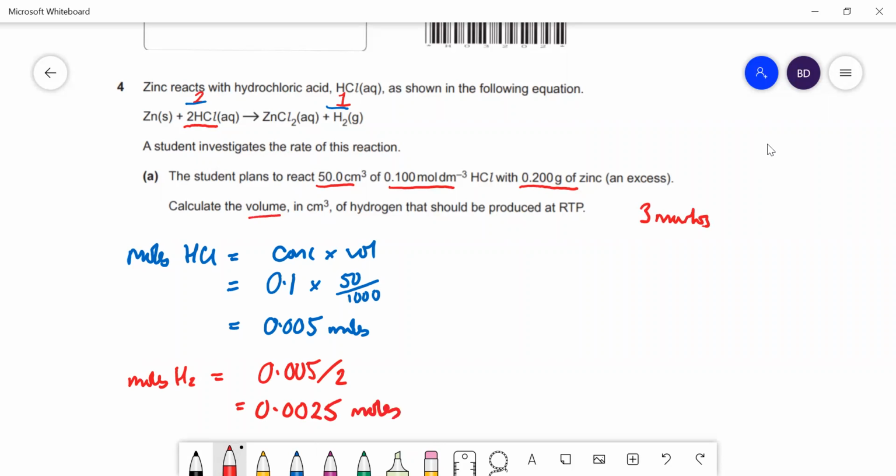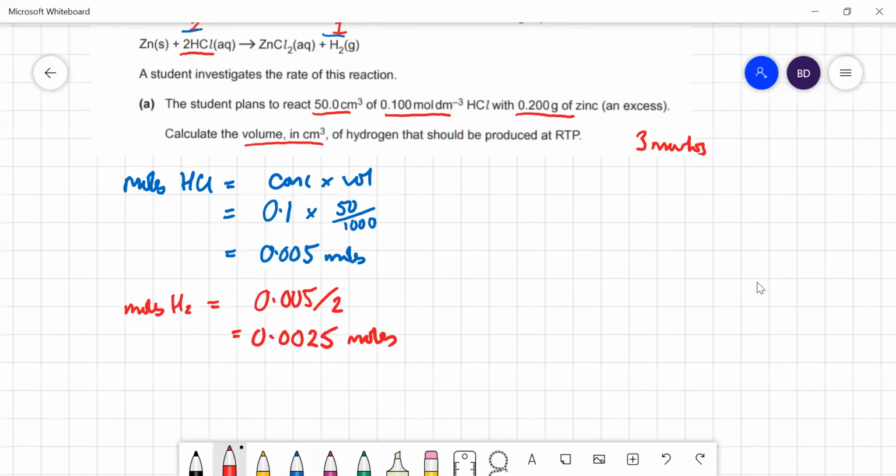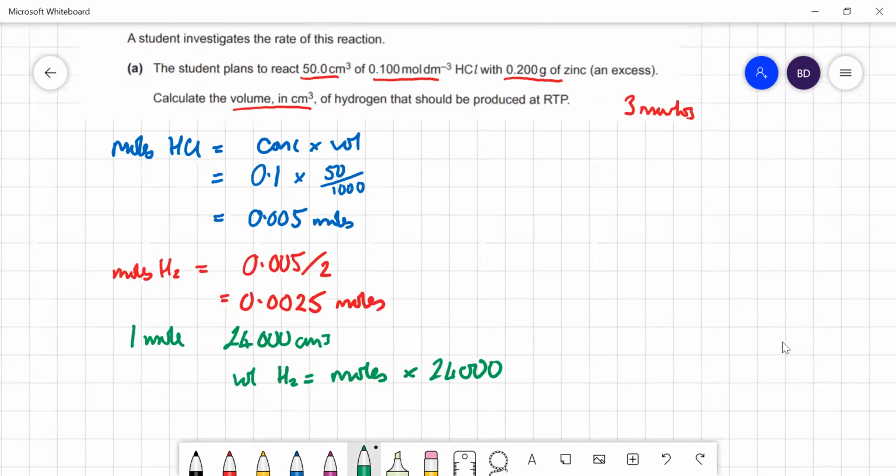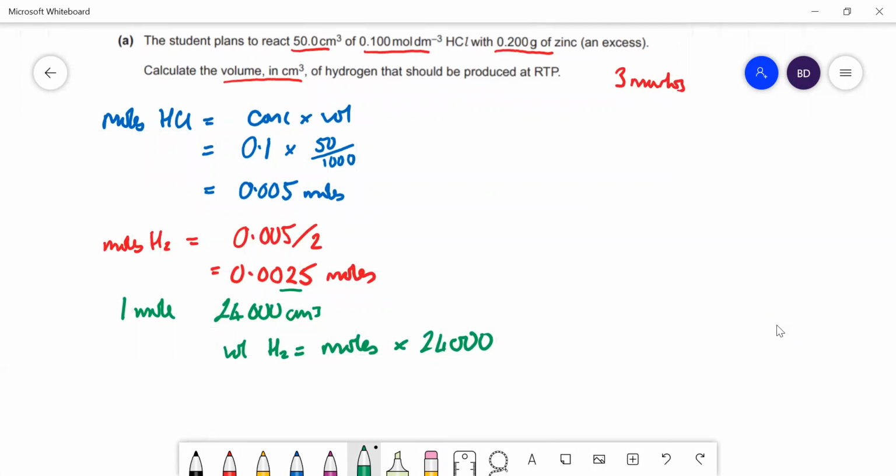Now we calculate the volume that should be produced at RTP. The volume of 1 mole at RTP is 24,000 centimeters cubed. So the volume of gas that we're going to produce is equal to the moles multiplied by 24,000, which is of course the 0.0025 moles we just worked out before.